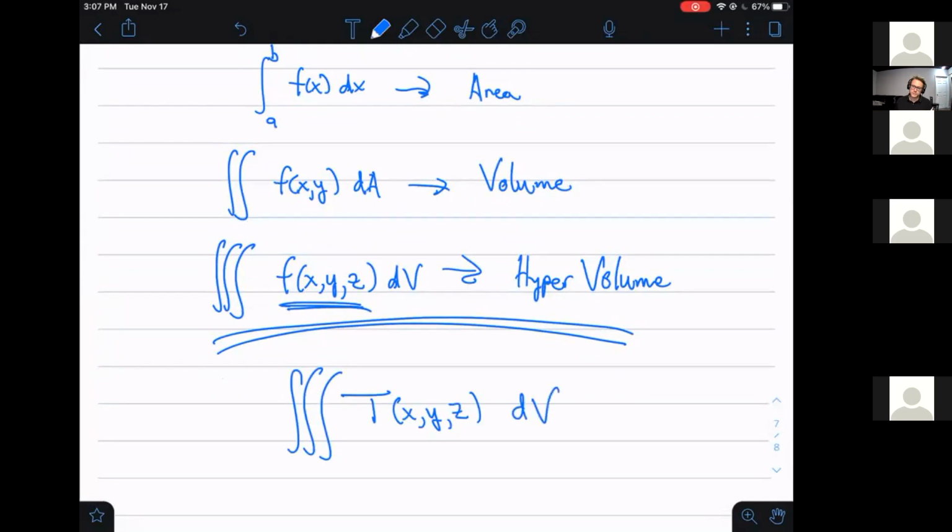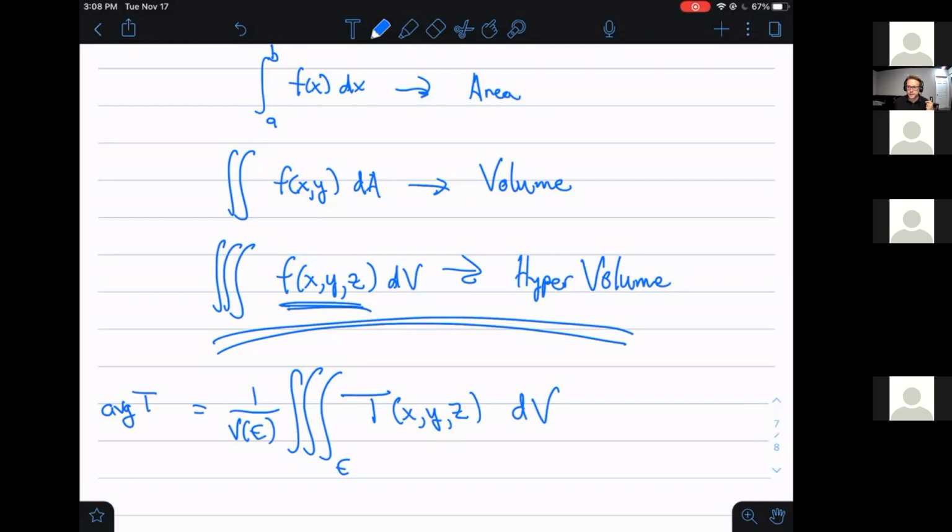And then you could add up temperature for the entire room. You say, well, what exactly does that mean? And I agree, that's a little bit complicated. But if you just say, what's the average temperature for the room, it's 1 divided by the volume of the three-dimensional region E times the integral. This would be average temperature. So in its purest, most mathematical sense, this is a hypervolume.